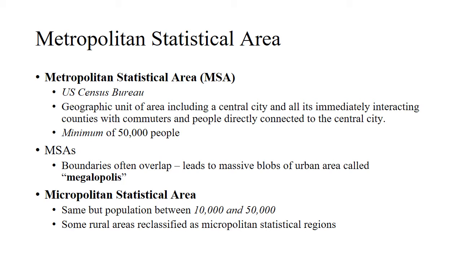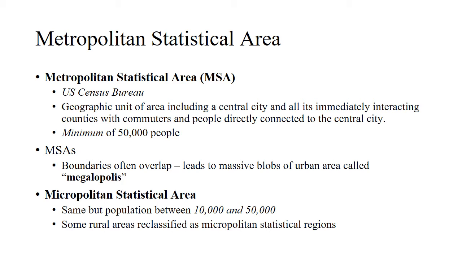It refers to the central city that has a population of at least 50,000, but often a lot more than this. So let's say, Las Vegas or something. And all its immediately interacting counties, right? Not just communities, but counties. Like we live in Clark County.